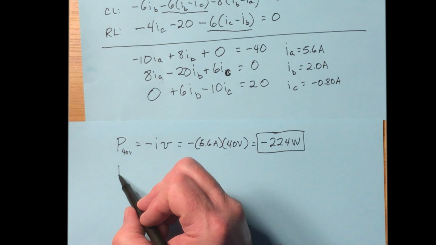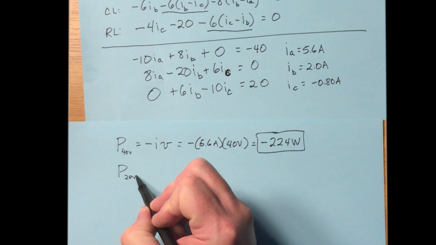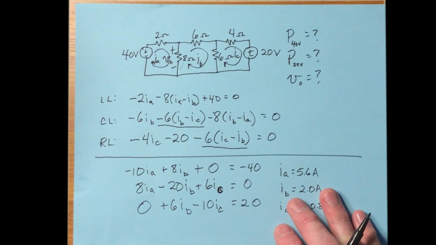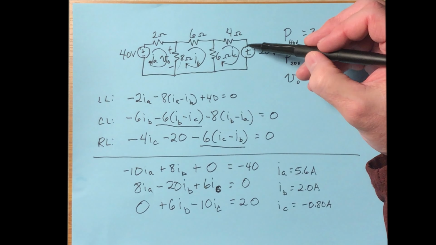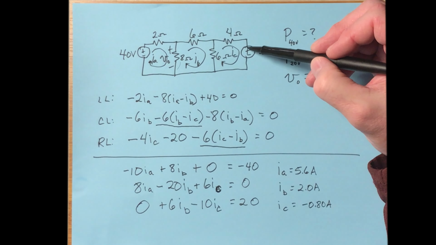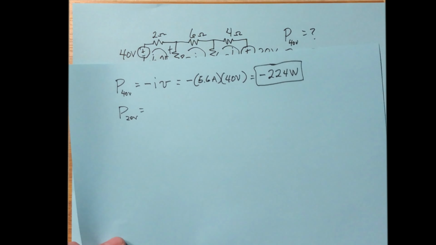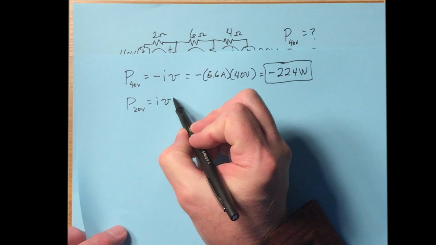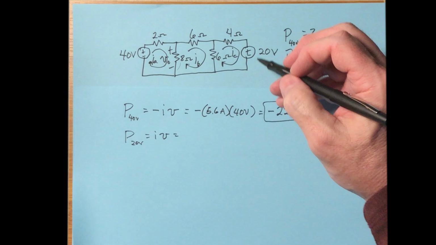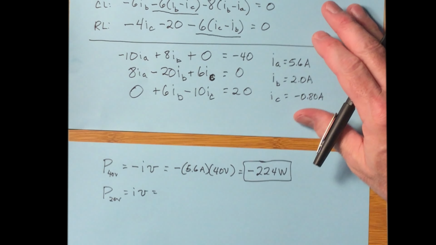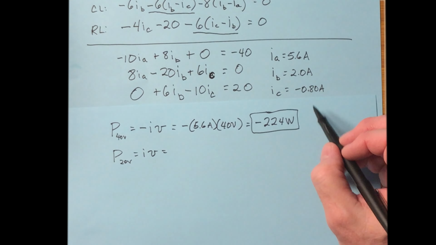All right, let's do the same thing for the 20 volt. Ask yourself, do I need to write P equal IV or P equal minus IV? Since the current is going into the positive terminal, it's just going to be P equals IV. So I times V. What is the I? Well, the I is I sub C. So it's this right here.